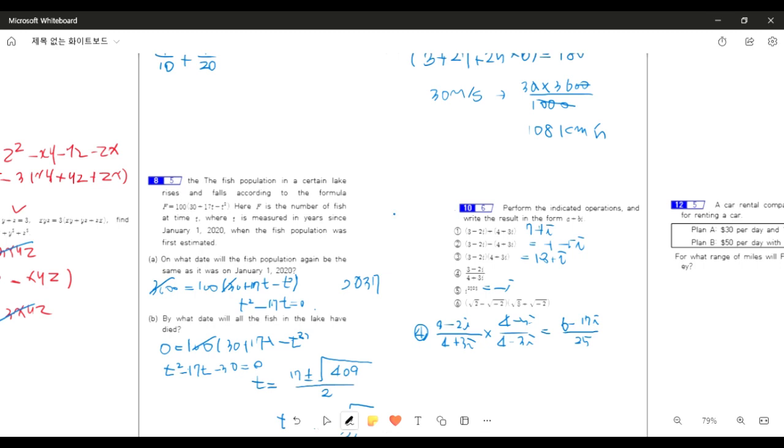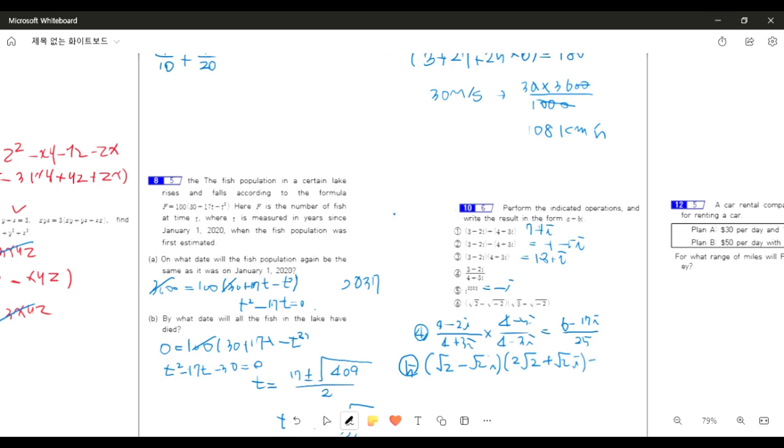Five. You can change this equation using the square root of minus 1 equals i, and then square root 2 minus square root 2i times 2 square root 2 plus square root 2.